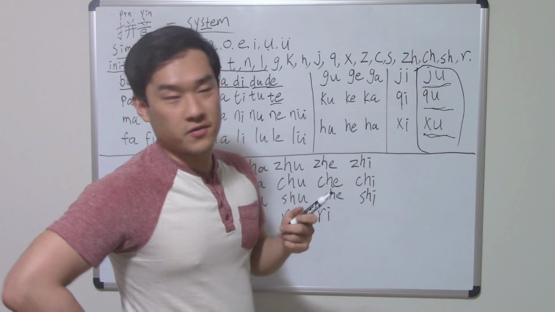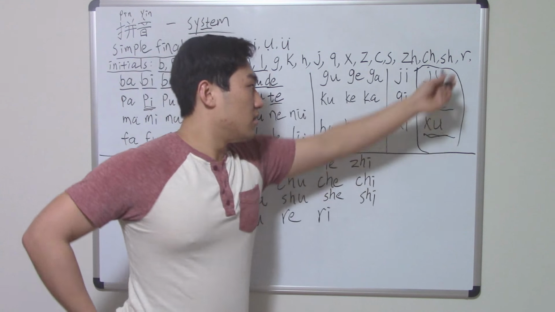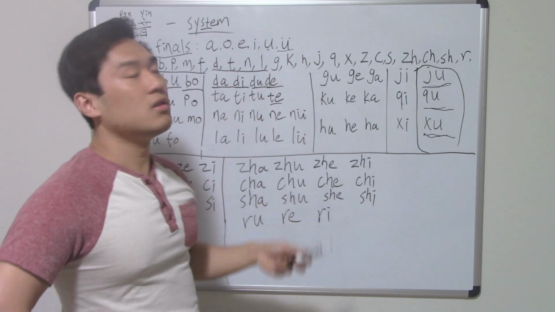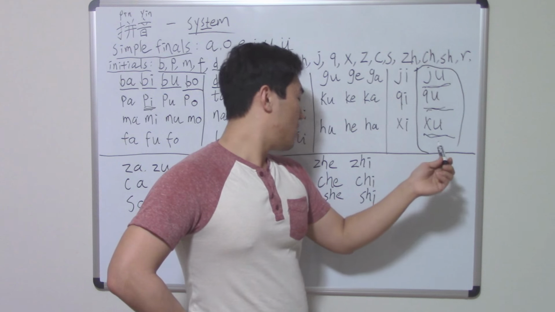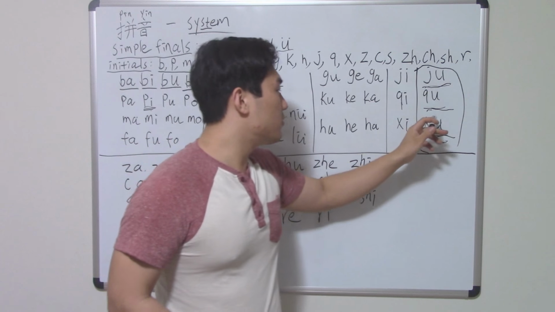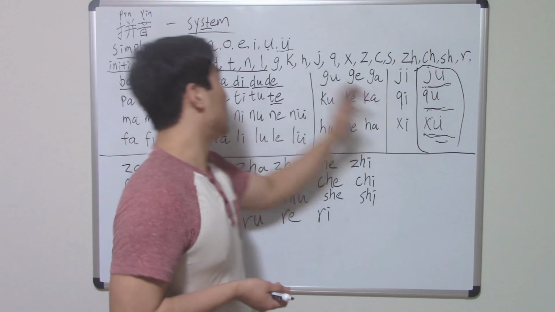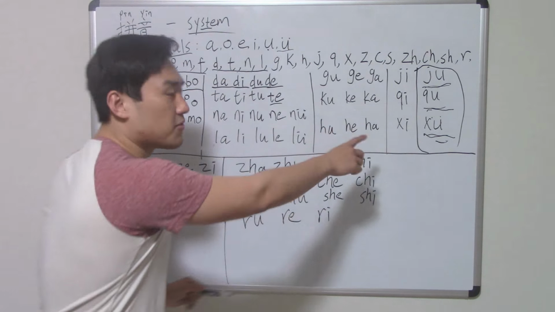Okay, it's a little bit different, but it's still easy to understand. These three, all these u's actually sound like ü, so you say ju, qu, xu. Okay, so basically there should be those two dots there, but we don't write them, but basically they just have those, and that's all. Okay, so remember those three are important.